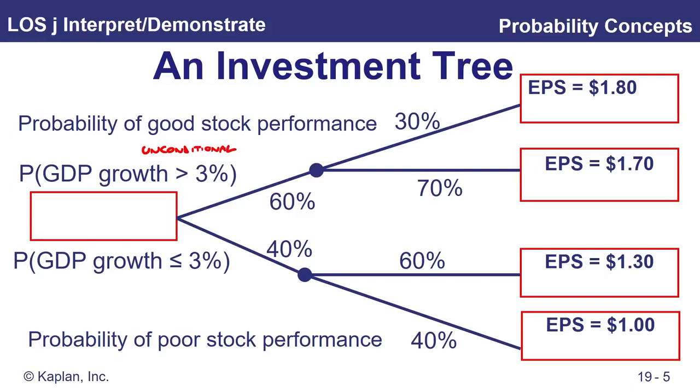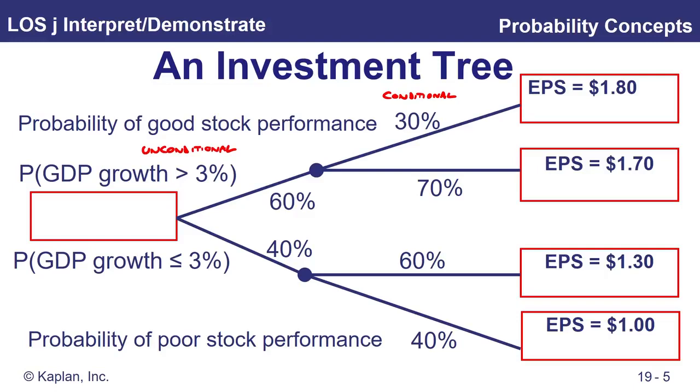And we're told there's a 60% chance that GDP growth will be greater than 3% and a 40% chance that it will be less than or equal to 3%. We've then got our conditional probabilities. So there is a 30% chance of an EPS of 180 contingent on GDP growth being greater than 3%. So in other words, the probability of EPS of 180, given that GDP growth is above 3%, is 30%.